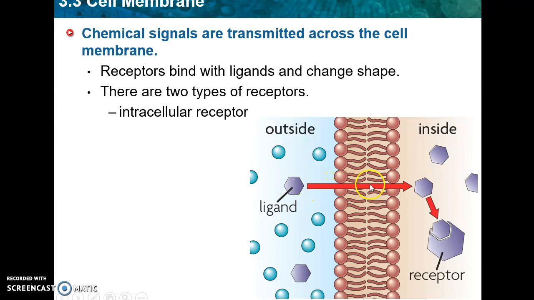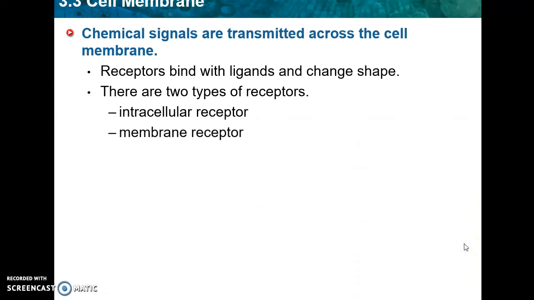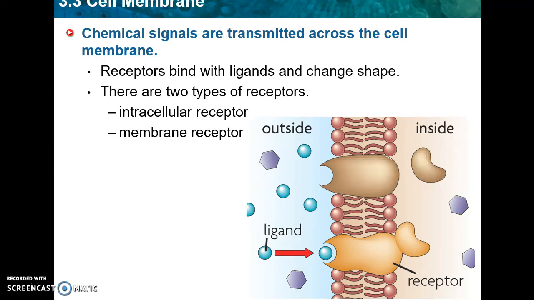It's moving across the bilayer into the inside of the cell, and it's attached to this receptor here. There are also membrane receptors, and in this particular case, the ligand is connecting with the membrane receptor to get across the cell membrane.